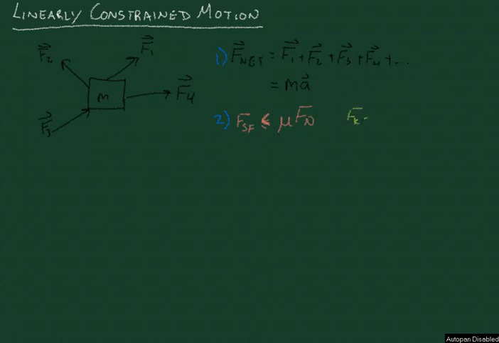And the kinetic friction force is going to be equal to mu kinetic times the normal force, in magnitude anyway. So this is all you need for this chapter. These two ideas.